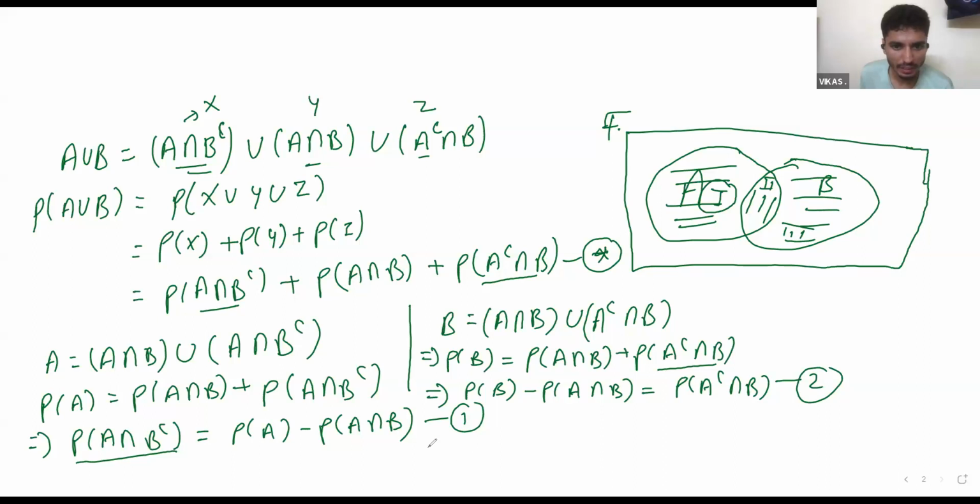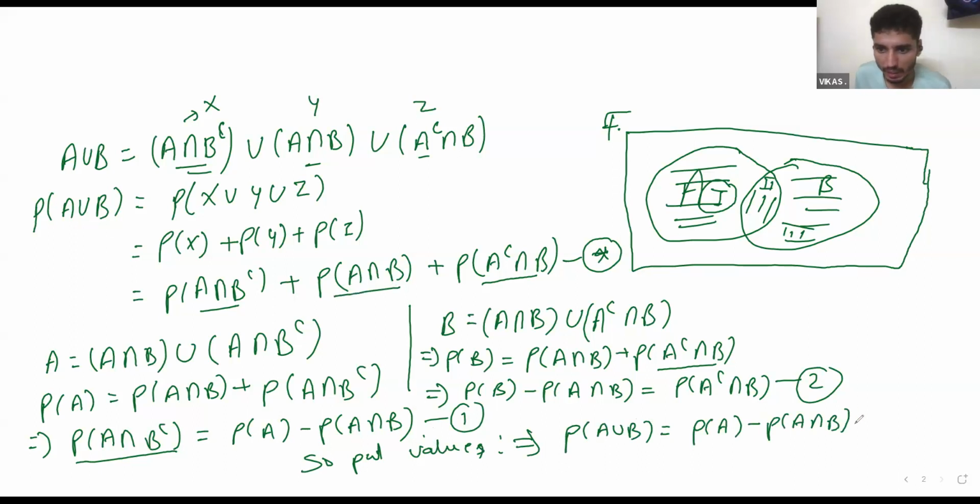So what will I get? On the left-hand side, P of A union B is simply probability of A minus probability of A intersection B, plus probability of A intersection B as it is. Remember, these are real numbers. In the third term, P of A complement intersection B is given by the second equation, so I'm just putting in the value: probability of B minus probability of A intersection B.